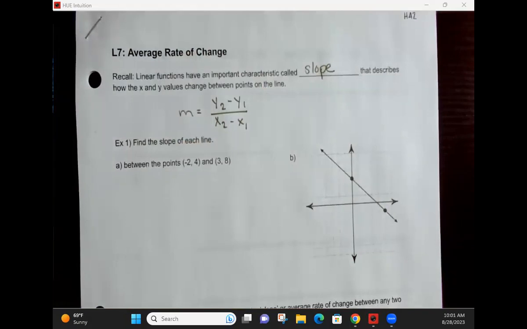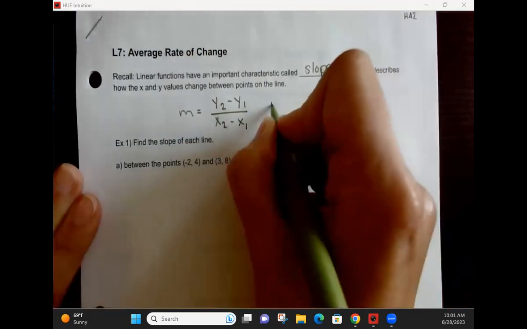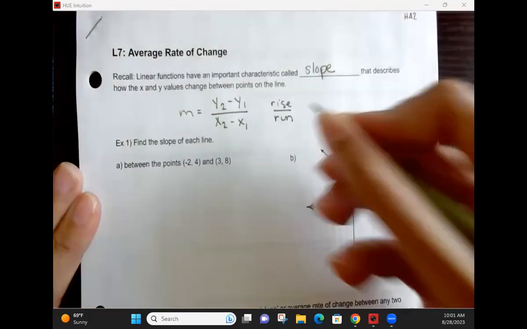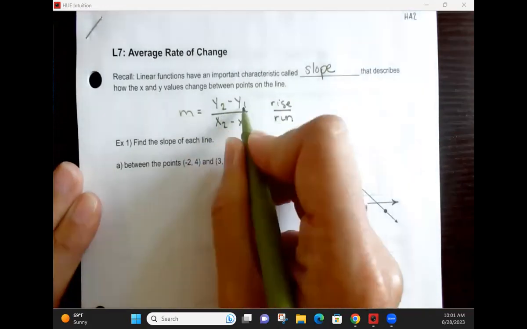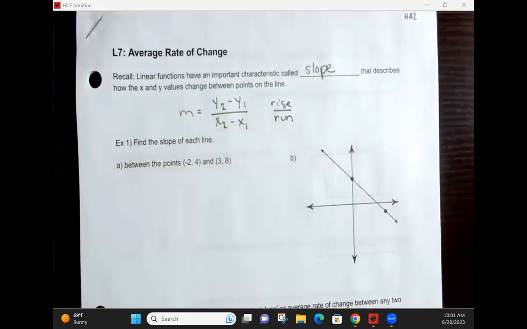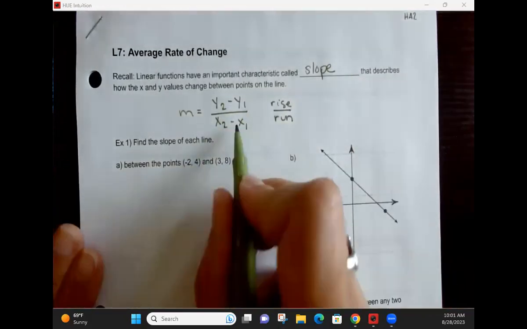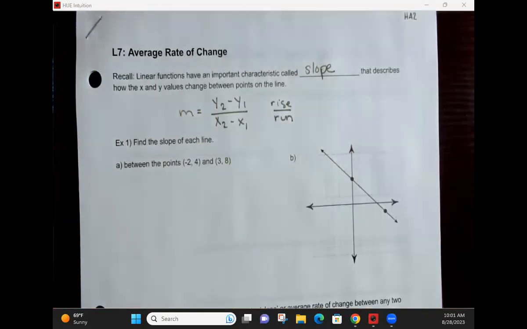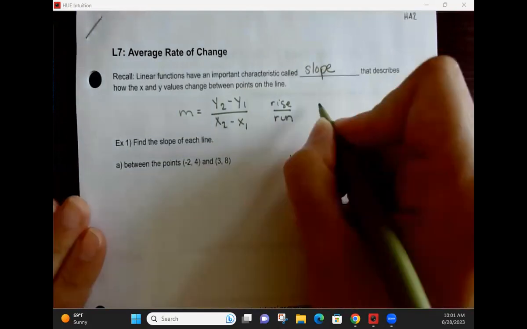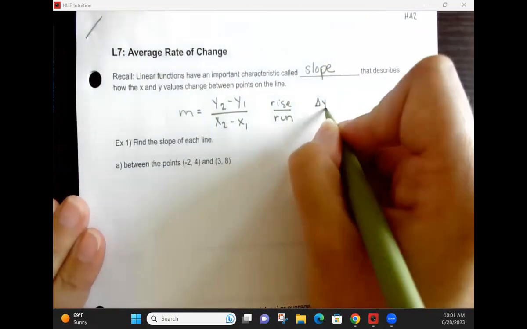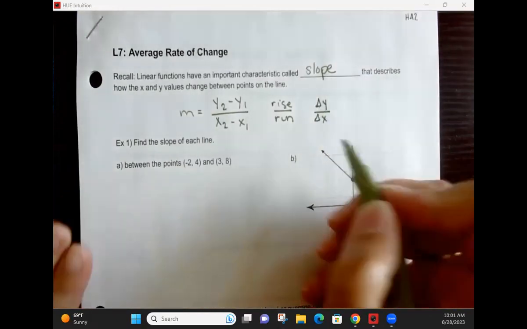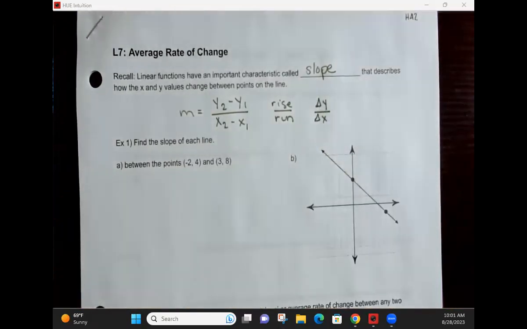So it should make sense when we talk about slope as rise over run that we are looking at the change in y on top, that's our rise, our up and down, over the change in x on the bottom, that's our run. You may also see slope described as delta y over delta x, change in y over change in x.